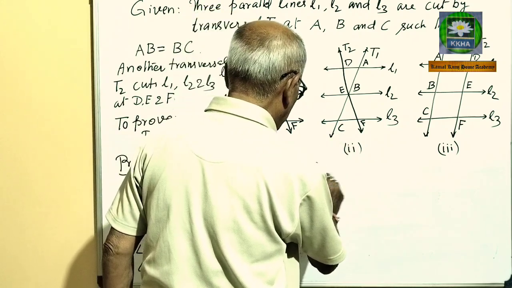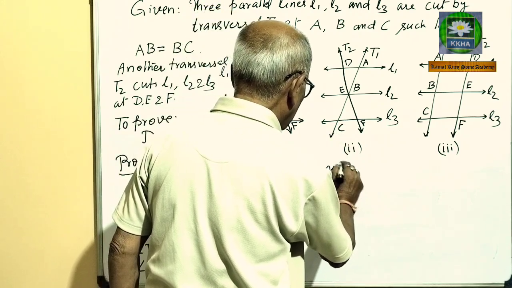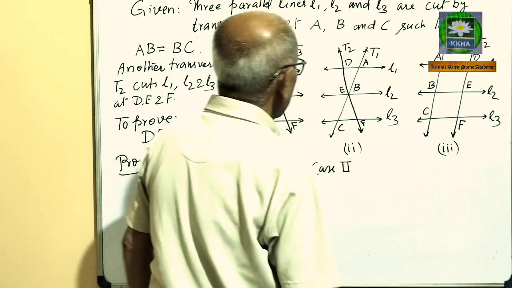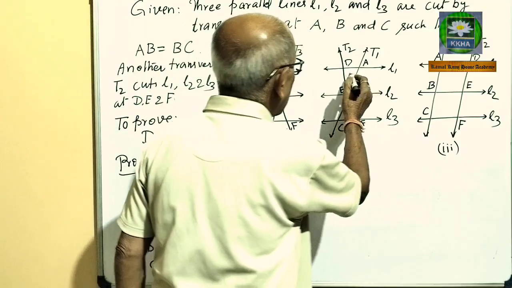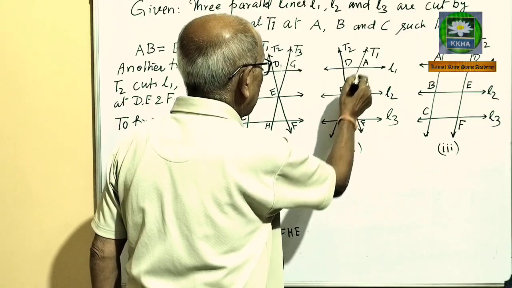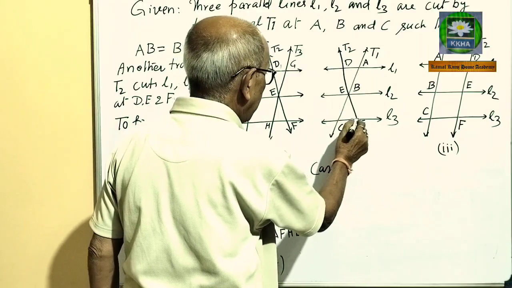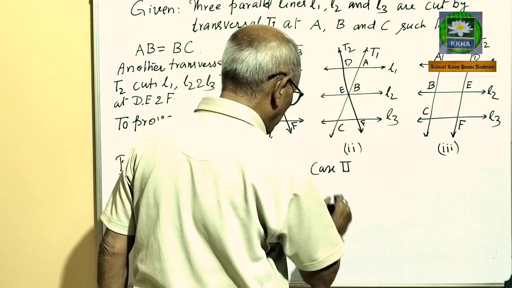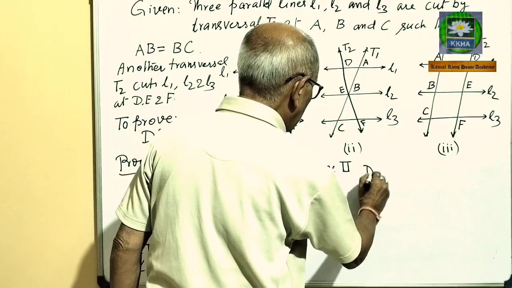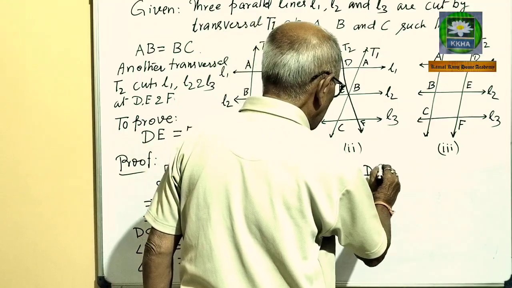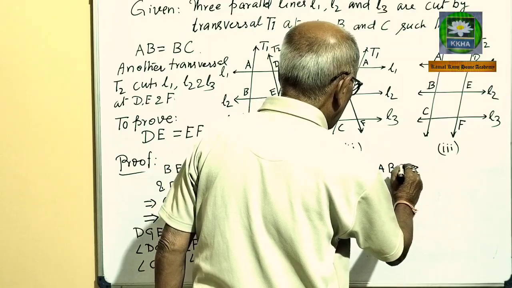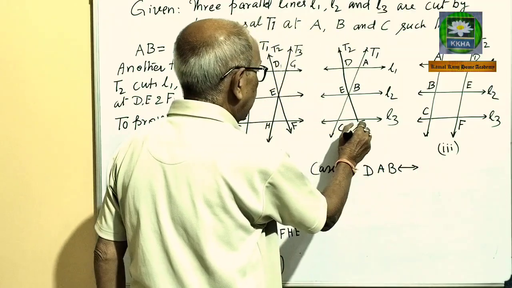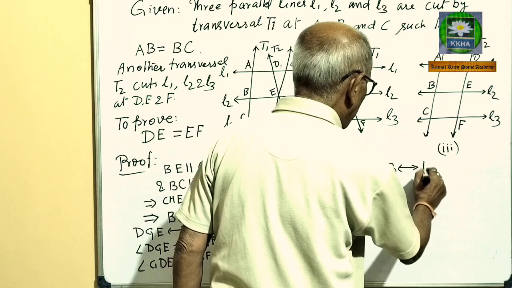Second case, case 2. Let us consider one-to-one correspondence between triangles DAB and FCB.